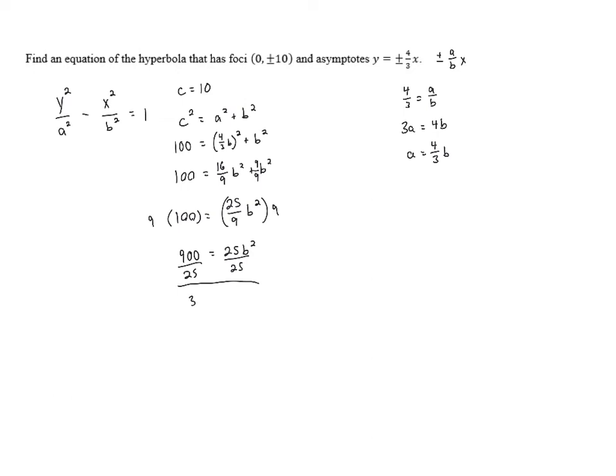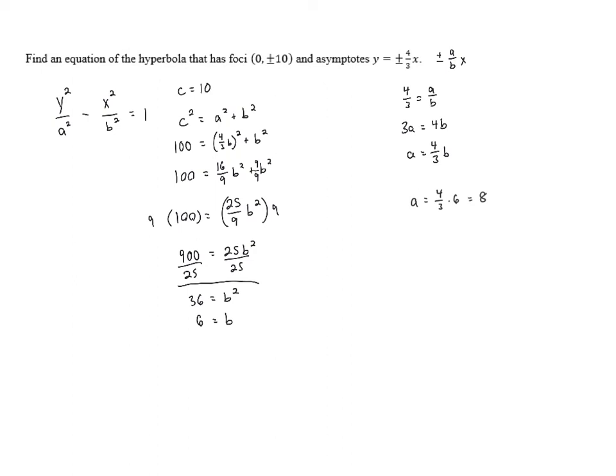And that gives us 36 equals b squared, which tells us that b is equal to 6. Now we know a is equal to 4/3 times b, so that's going to be 4/3 times 6, which ends up becoming 8. And so a is 8 and b is 6.